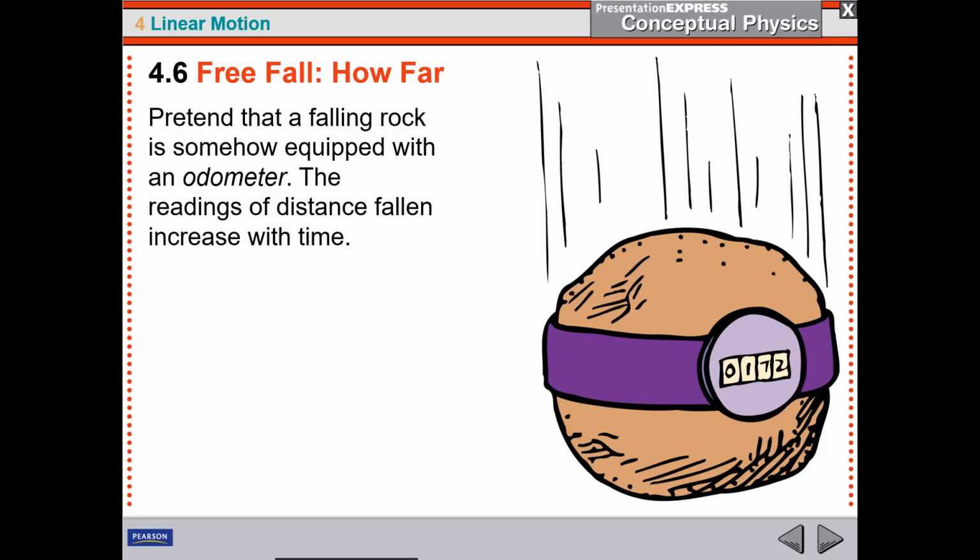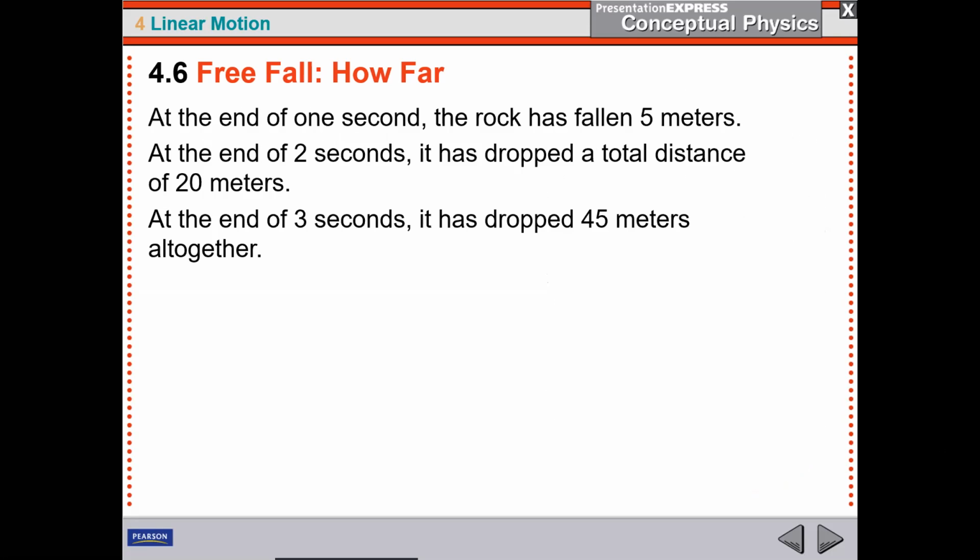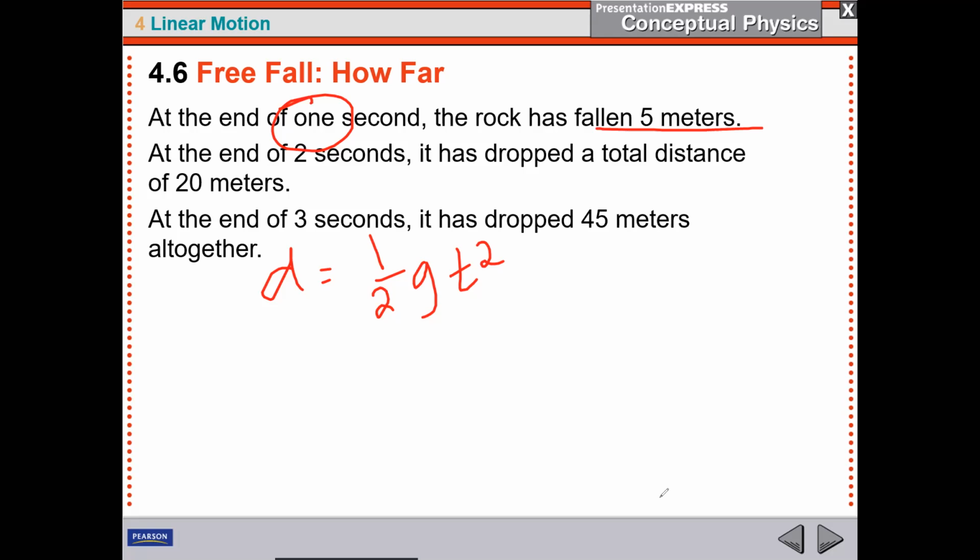So this type of equipment is attached to a rock. It tells me about the distance that the rock travels and the time. So at the end of 1 second, the rock has fallen 5 meters. As we said here, d is half g t squared. So if t is 1, as we said before, it will be 5.